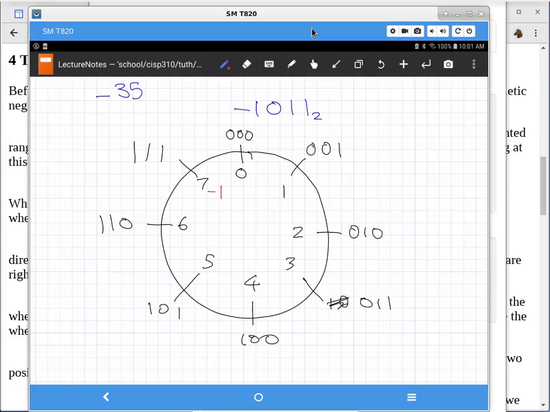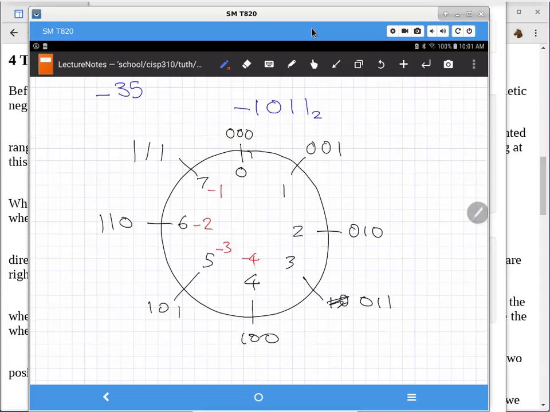Right? So I can use this to fill out some of the other slots, -2, -3, -4. Does that make sense?